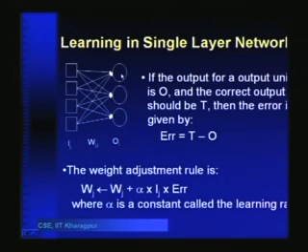Based on the output that it produces, I will compute the error, because in the training set the correct outputs are given, which is T, right. So, I will compute the error, and depending on the error I will readjust the weights on the inputs, right. Now, let us see in very crude terms what that would mean.